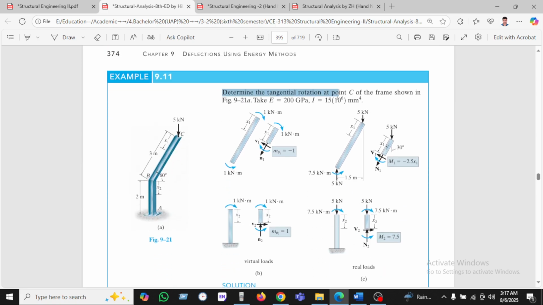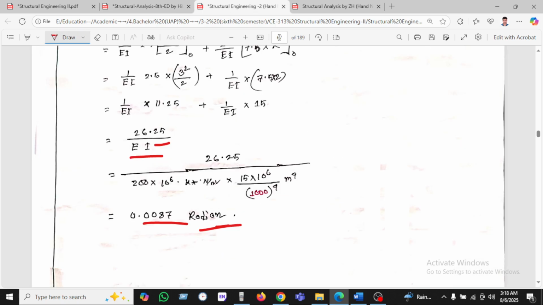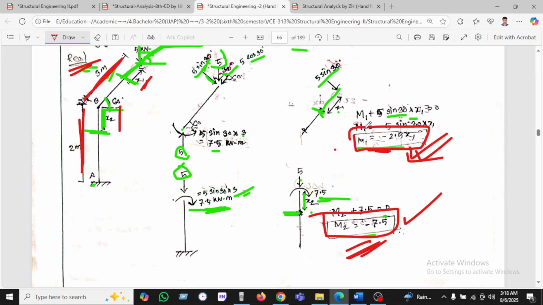This is to determine the tangential rotation at point C, shown in the figure we have been seeing here. This is the real load and this is the virtual load. In the real load case we found M1 minus 2.1 and M2 minus 7.5.